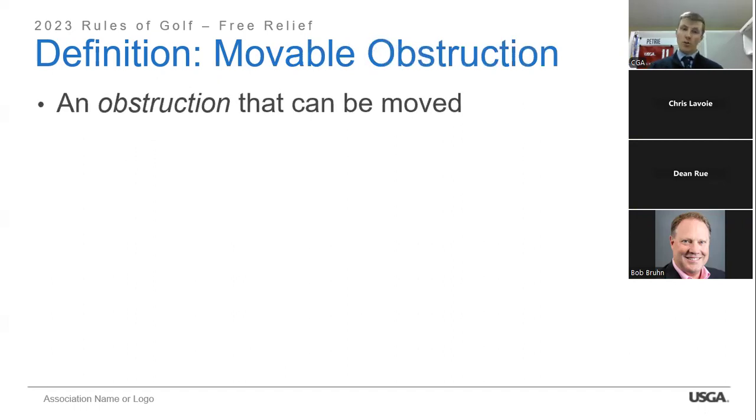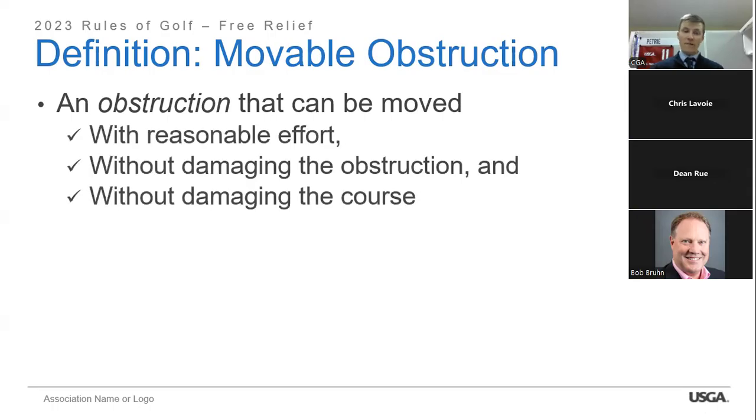So a movable obstruction is an obstruction that can be moved with reasonable effort without damaging that obstruction or damaging the course. The easiest example here is a red or yellow penalty stake. Lift it up, put it back down. Super easy to move, and you're not damaging the course in any way.